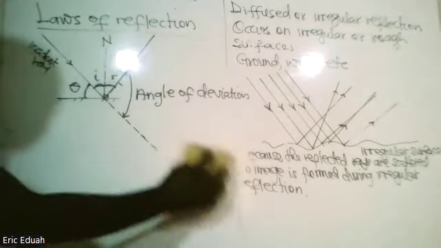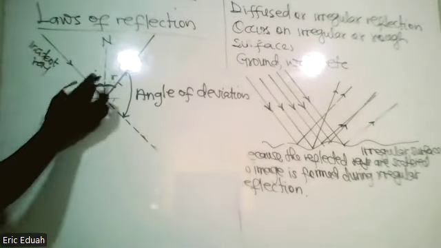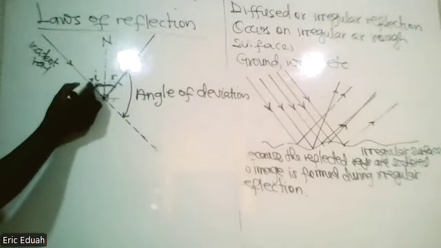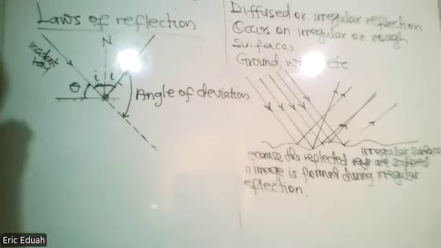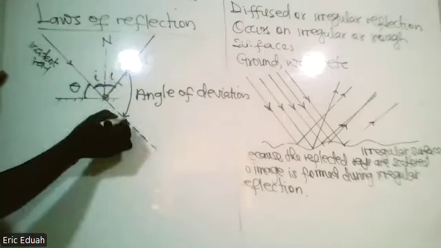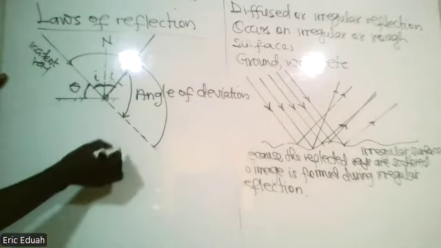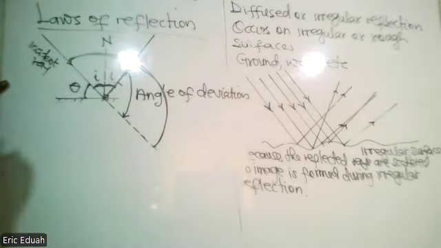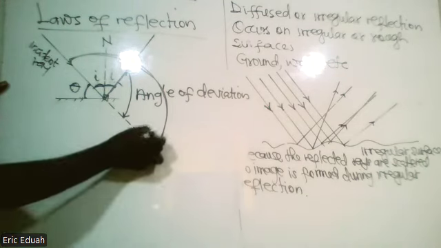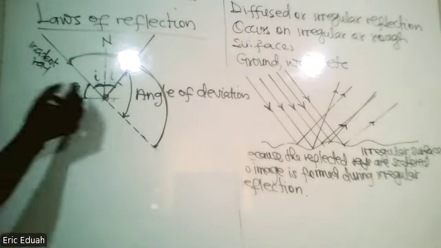So if angle of incidence is equal to angle of reflection, this is i, this is also i. Now, what is this whole angle? Yes, 180.